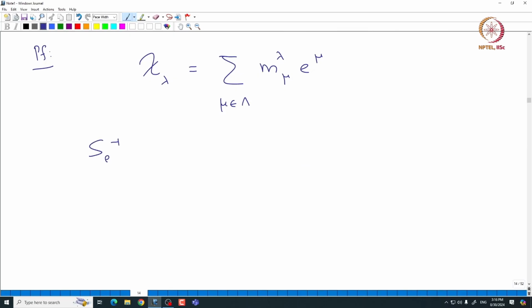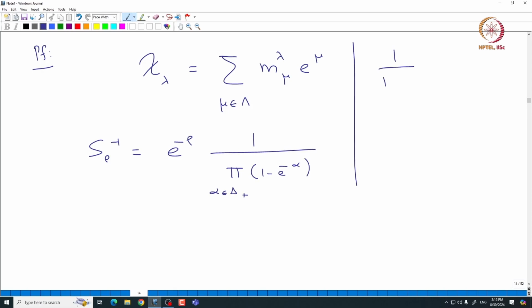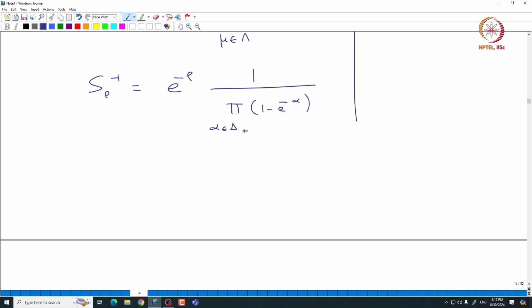Note that S rho inverse is nothing but e power minus rho times 1 divided by the product of 1 minus e power minus alpha, alpha in Delta plus, and recall 1 divided by 1 minus e power minus alpha is given by the summation of e power minus i alpha, i ranging from 0 to infinity. Now if you take the products among all of them, it is easy to see that you are just taking the product here.